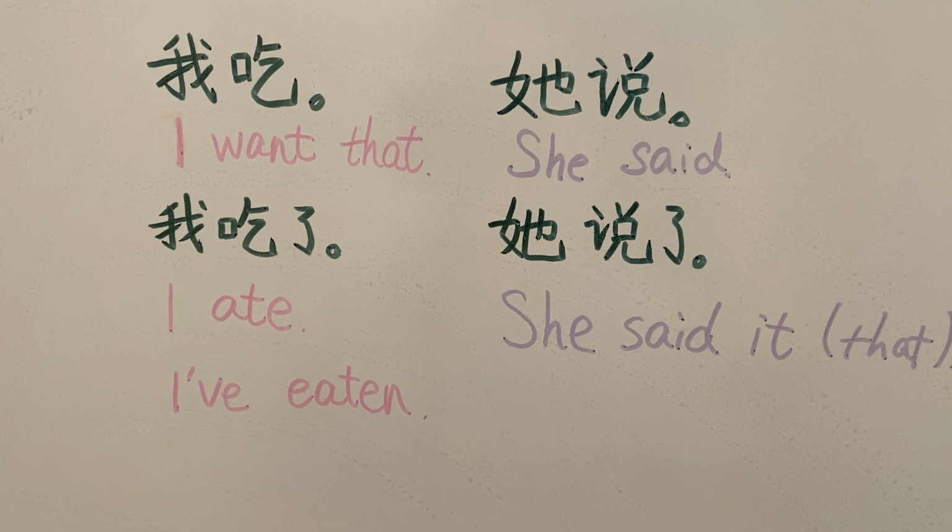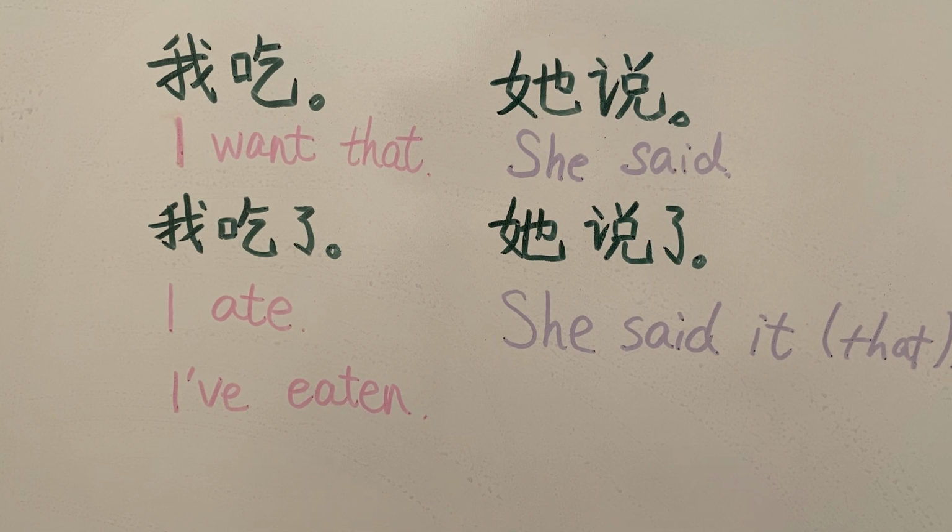In the novel, "I love you," quote unquote, I love you, she said. We can say it in Chinese, 她说. We do not say in this situation, in this context, "I love you," 她说了. No, that's incorrect. So this is the tricky part, right?